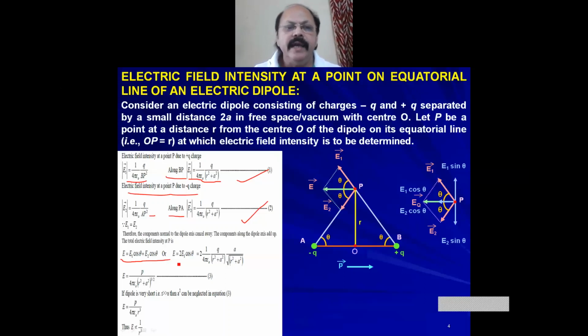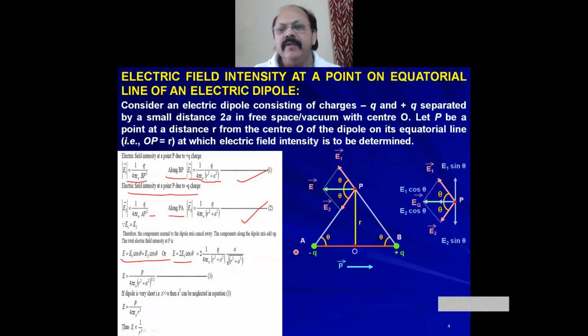Or we can say that E equals 2E1 cos theta, because E1 equals E2. Then you substitute the value of E1 from equation 1. So what you get? 2 into 1 upon 4 pi epsilon naught Q upon (R square plus A square), and substitute the value of cos theta.